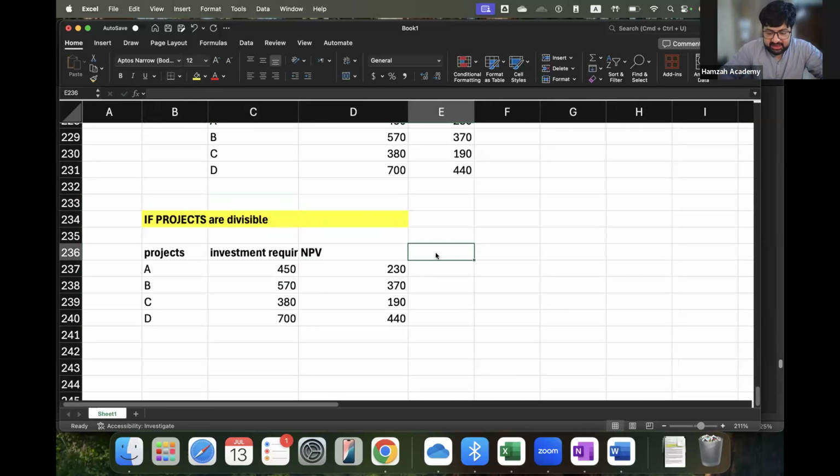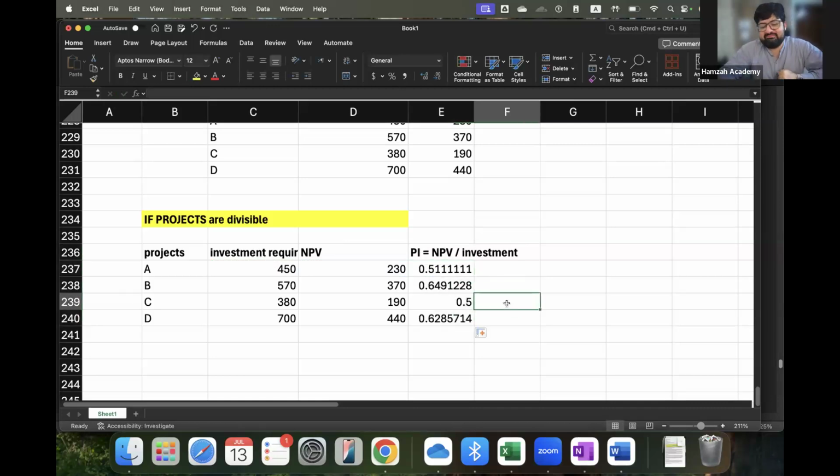Now you see here, we will calculate profitability index, PI. What is profitability index? It is equal to NPV over investment. So now what we do is ranking of the projects.